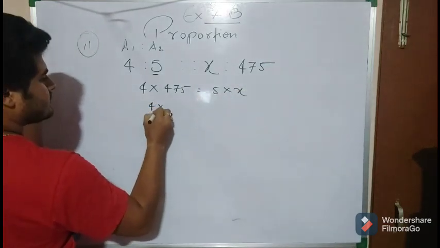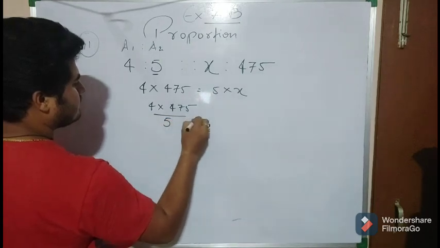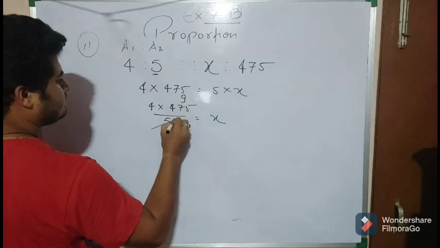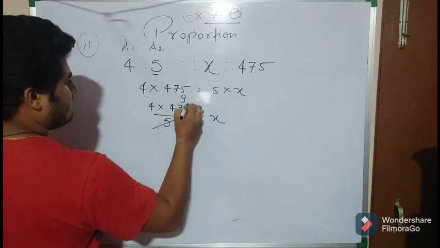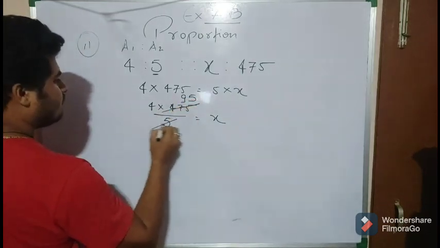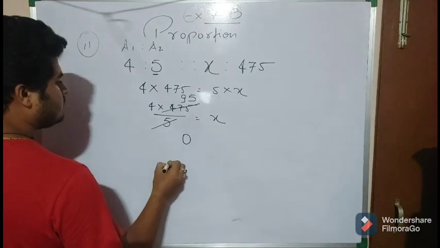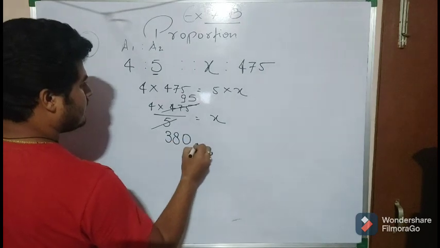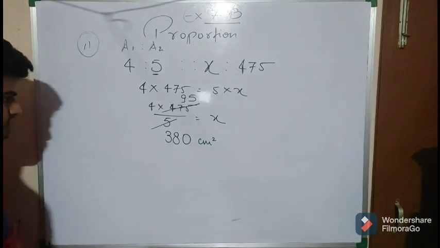So 4 into 475 upon 5 is equal to x. 5 9s are 45, 2 carry, 5 5s are 25. 95 into 4: 5 4s are 20, 0 carry 2, 9 4s are 36 and 2 is 38. So 380 centimeter square is the area of the smaller square.